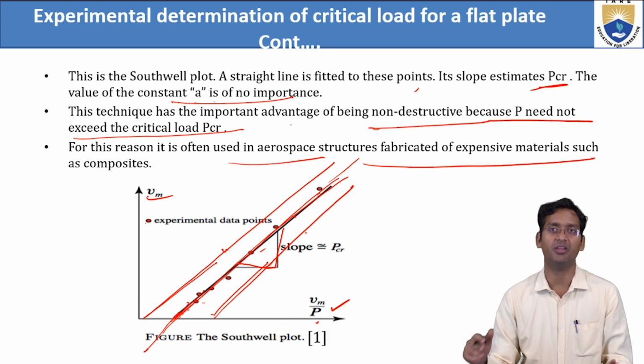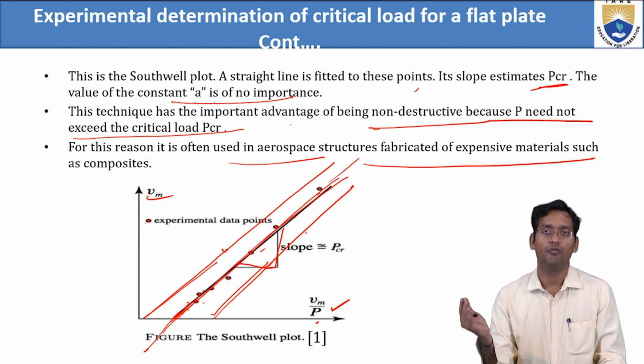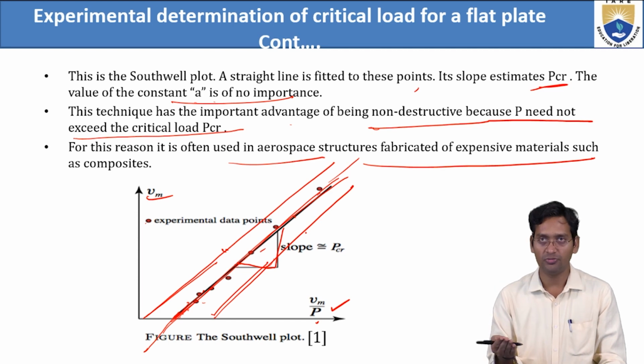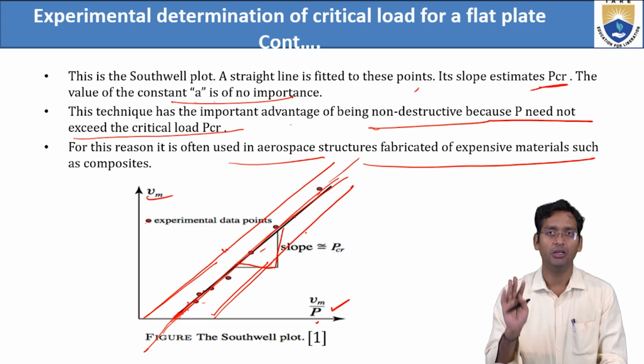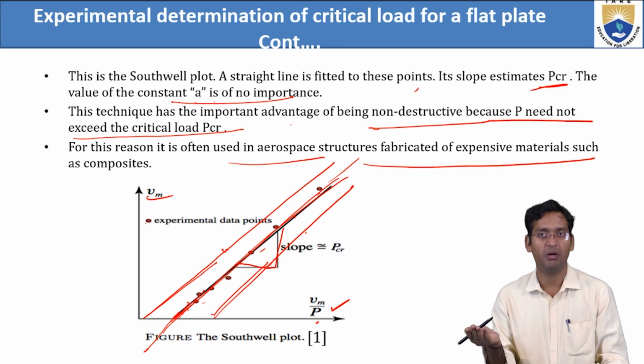So in aerospace, what happens? That is too costly. If we apply the load and it gets broken, then that money becomes a total waste. So what we are doing is just using PCR: below the PCR, we are using the P. So the structure, either a composite or aerospace structure material, remains safe. And by applying that, we can identify at what load it will buckle.